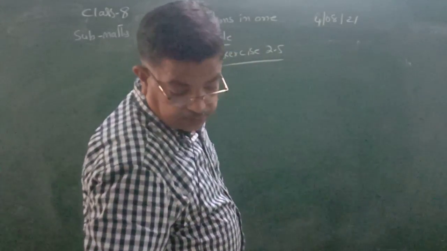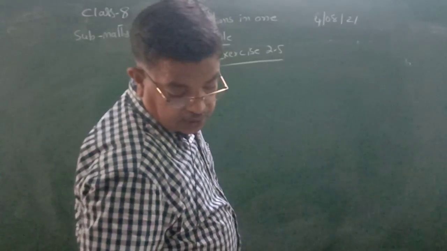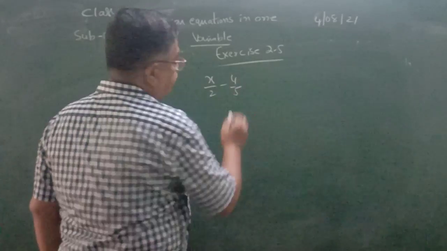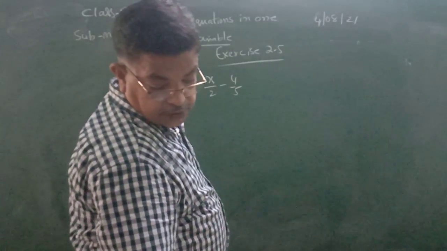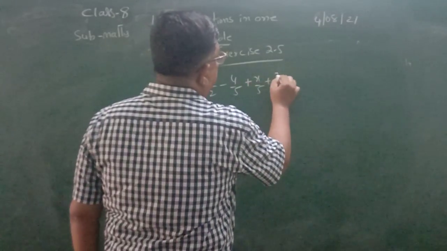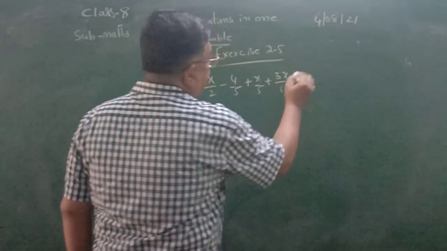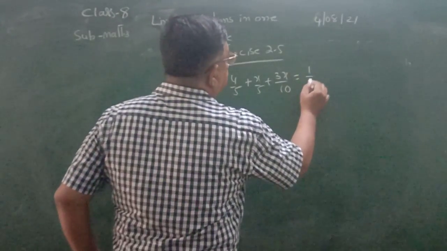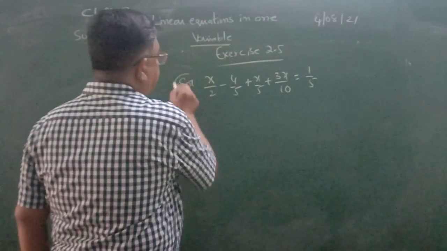Next problem, the sixth one, x by 2 minus 4 by 5 plus x by 5 plus 3x by 10 is equal to 1 by 5. So you take the first step as it is.